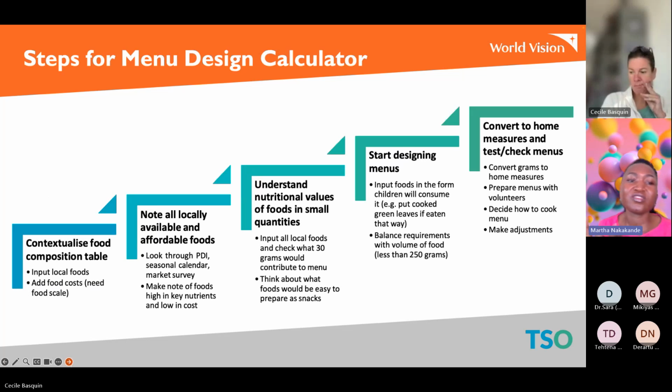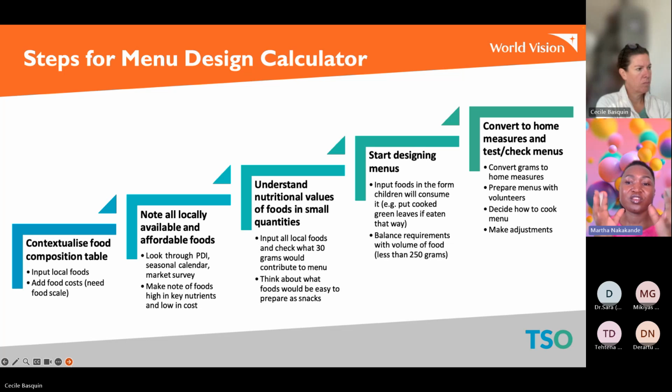So the process is you contextualize the food composition table, which we may not have to do because I think the tables have already been contextualized for much of the foods in Ethiopia. You indicate the locally available foods. You make sure you're aware of the nutritional value of these foods in really small quantities. And then you start designing your menus.